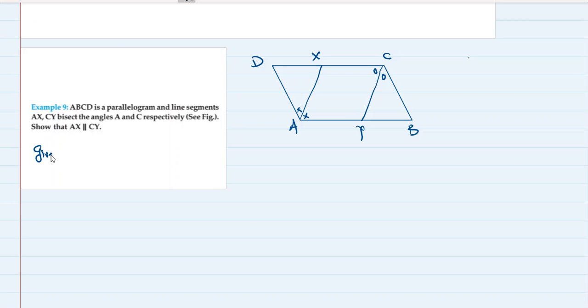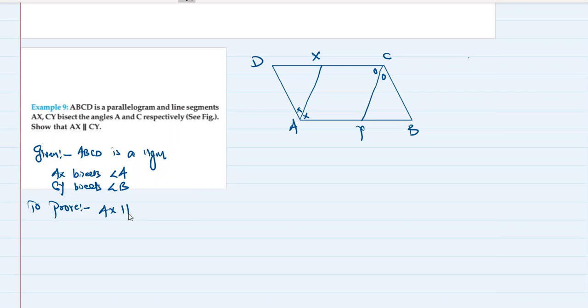So, given is that ABCD is a parallelogram and AX bisects angle A and CY bisects angle B. AX bisects angle A and CY bisects angle B. Okay. To prove that AX is parallel to CY.